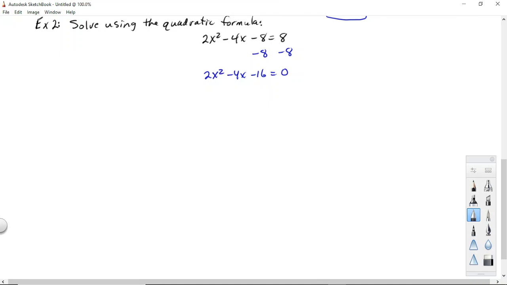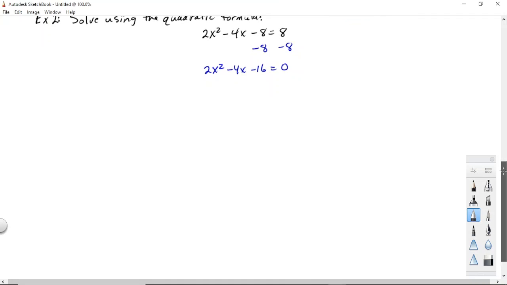Just like last time, we'll make sure we know what the a, b, and c are. So a is the thing that is multiplied by x squared. So that's 2.